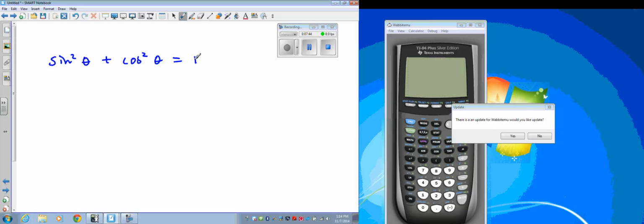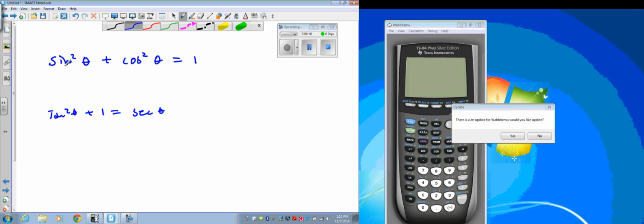So if you can't remember the other ones and you're out someplace trying to figure it out, that second one where it says tangent squared plus 1 equals secant squared.